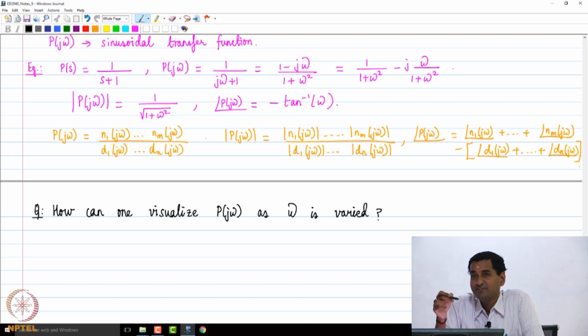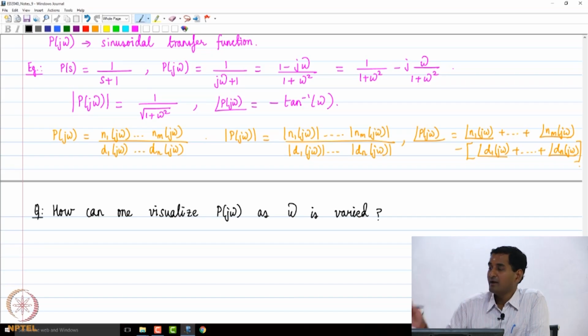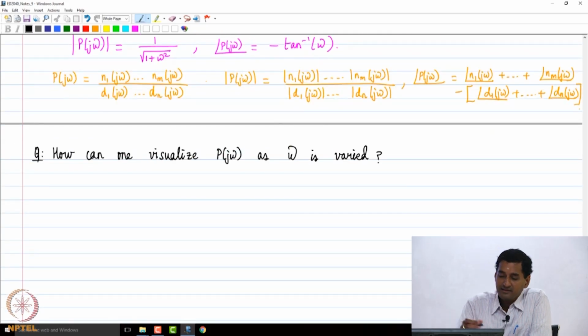First of all, we need to ask ourselves, can we visualize graphically how P of j omega changes as omega is varied? And the answer is yes, we can, and broadly there are three visualizations that typically are used. The first one is what is called a Bode plot.